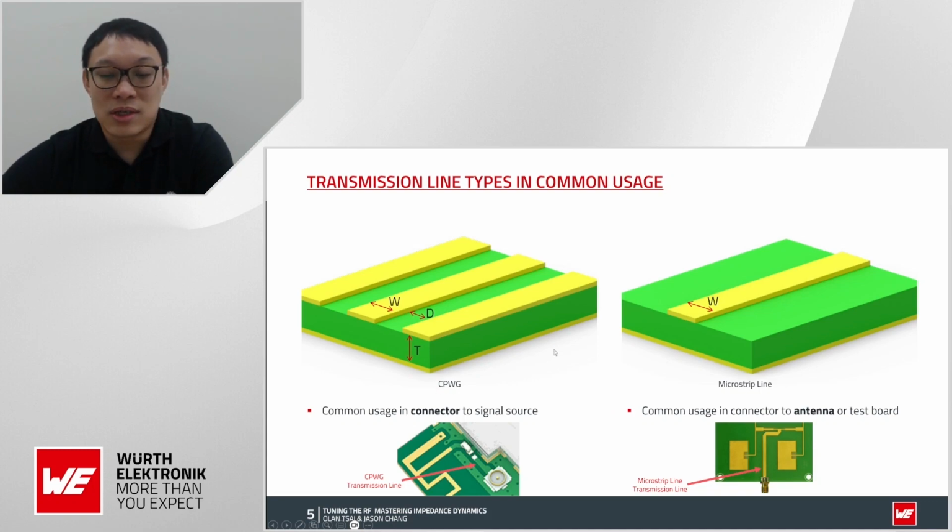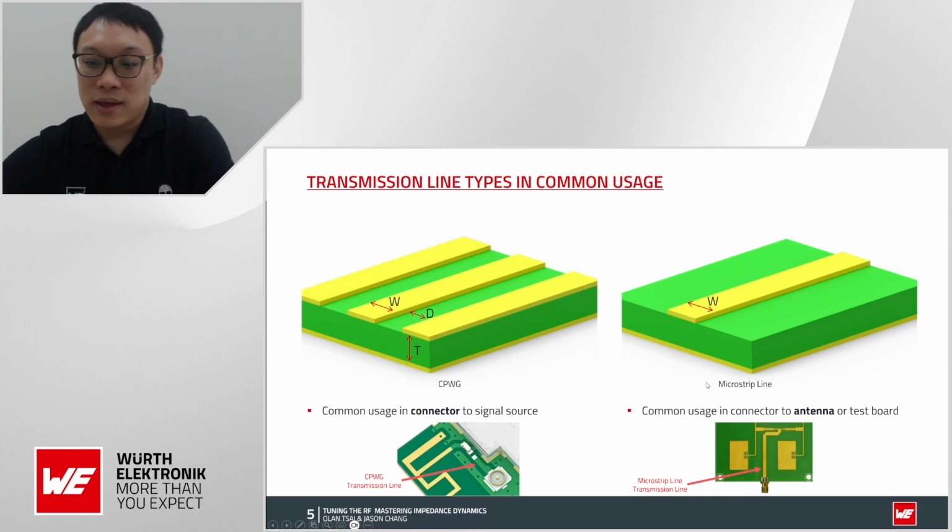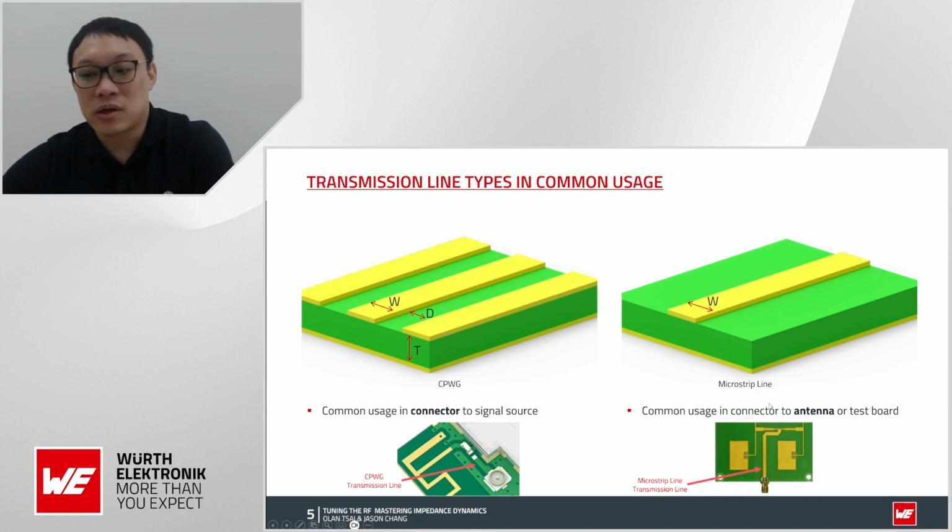Besides the structure you can see from the big pictures here, the CPWG is mainly for extending the transmission line from connector to signal source. And the microstrip line is a connection from the connector to antenna or to the test board. You can really see the CPWG that is applied or designed for antenna in daily use.